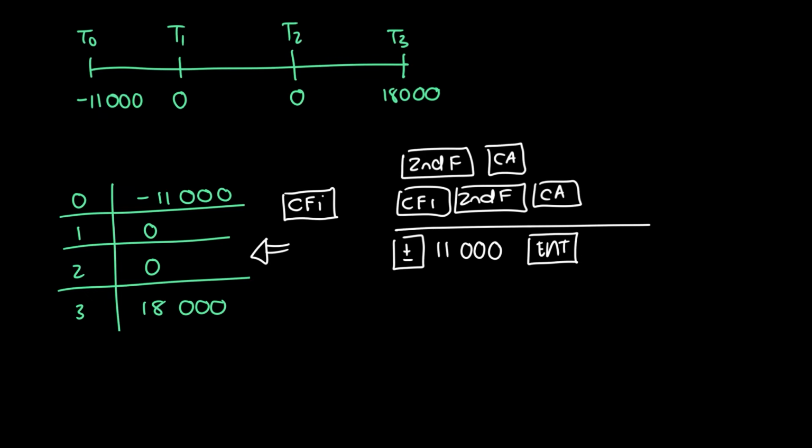Then our next one is just 0, so we say 0 and enter. Then 0 and enter. I will discuss a trick regarding repeated values in the next example, so there is a shortcut that we can use when we have repeated values. And then we have the 18,000 and enter.